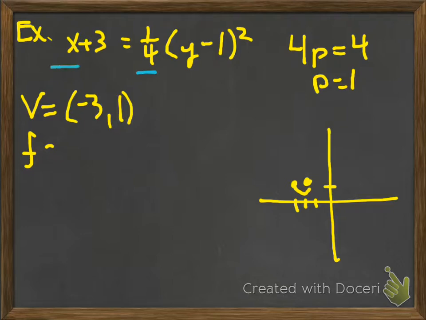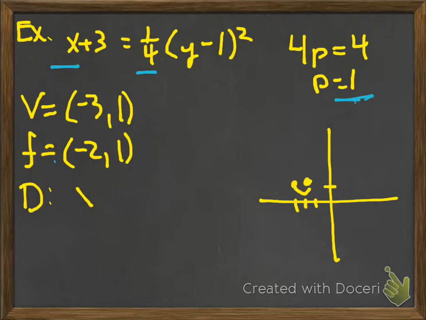This is set with the x, so I need to move to the left and to the right. In this case, since that's a positive 1, I'm going to move to the right 1. So -3, move to the right, you will end up at -2, 1. That's your focus.